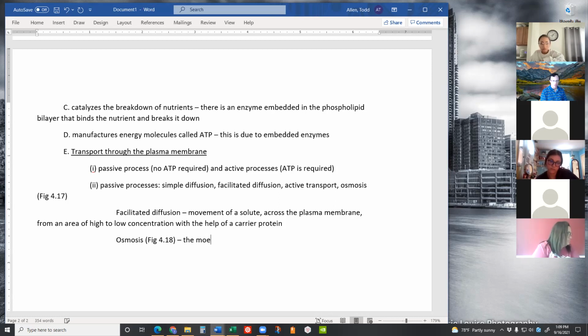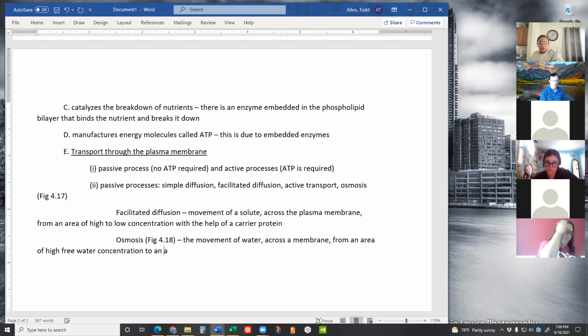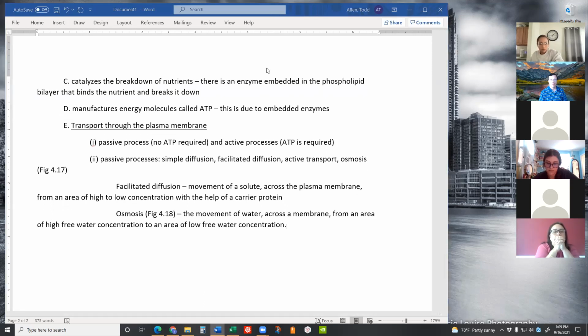Osmosis is the movement of water across a membrane from an area of high free water concentration to an area of low free water concentration.